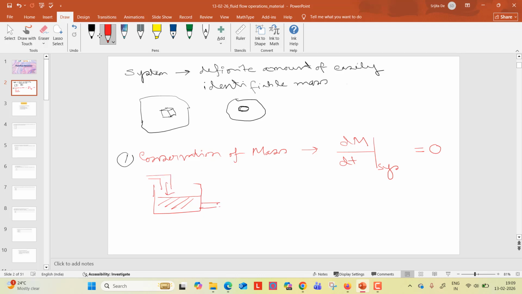Fluid is coming, fluid is going out. So even if the fluid is flowing, the total mass of this system is not changing with time. It remains same. So this concept is called the conservation of mass.